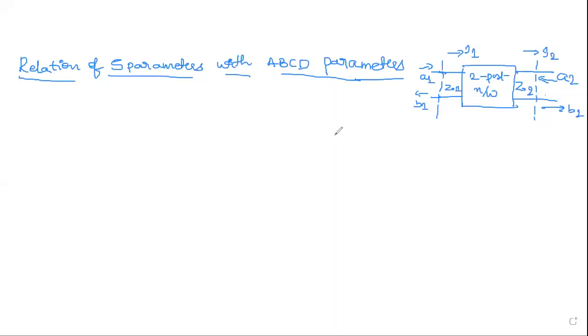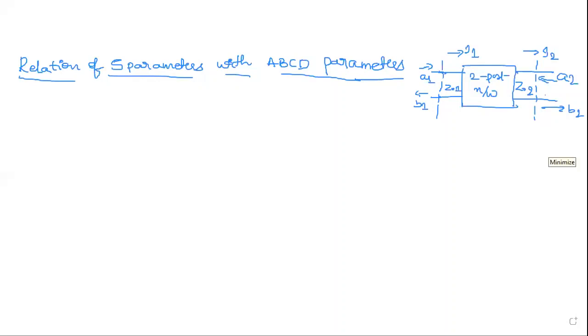So we will start with the topic that is relation of S parameter with ABCD parameters. If you remember, I think 4 days back, we had derived the relation for S parameter in terms of Z parameter. And I've told you the same procedure you have to do for Y parameters. Now we will do the same thing with ABCD, but it is a little bit complicated.